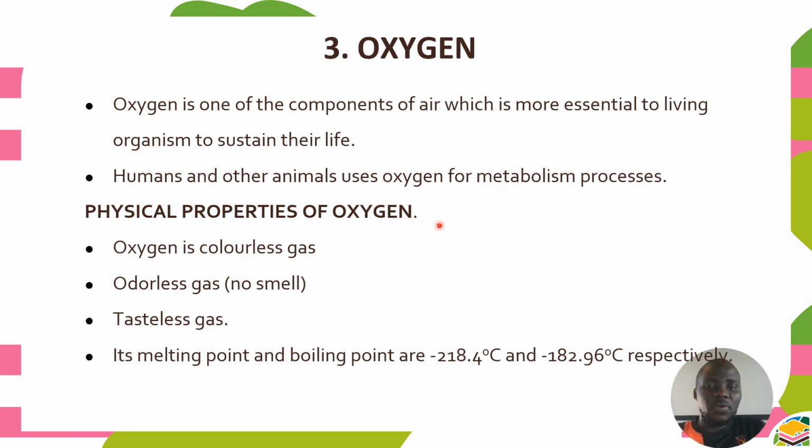Physical properties of oxygen. Oxygen is a colorless gas, an odorless gas. Odorless means it does not produce any smell. It is a tasteless gas. Its melting point and boiling point are negative 218.4 degrees Celsius and negative 182.96 degrees Celsius respectively.